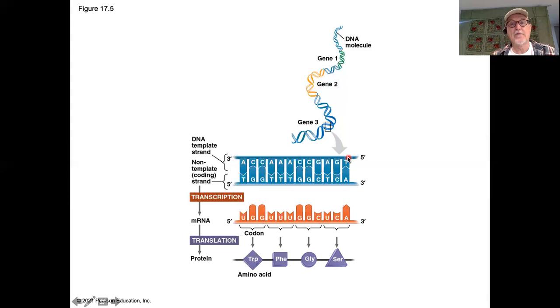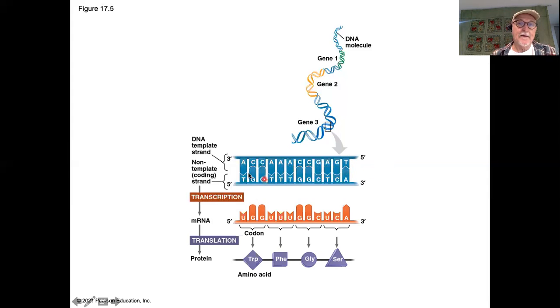That's the first thing. Second, the bases are organized in triplets: ACC, AAA, CCG, AGT. And it is very, very important that in anything that happens here, the cell is able to recognize exactly where to start.